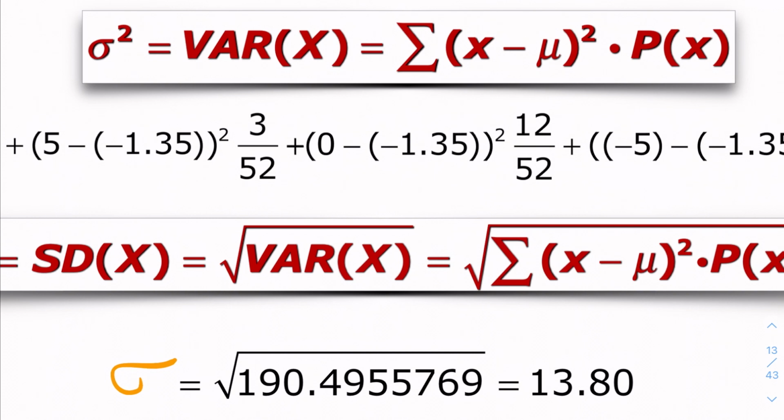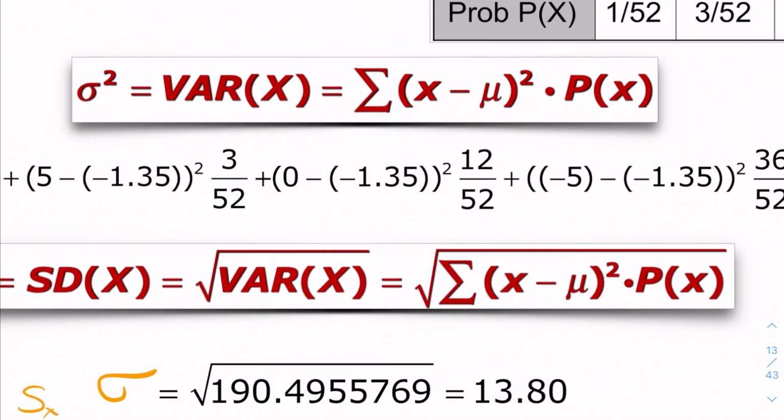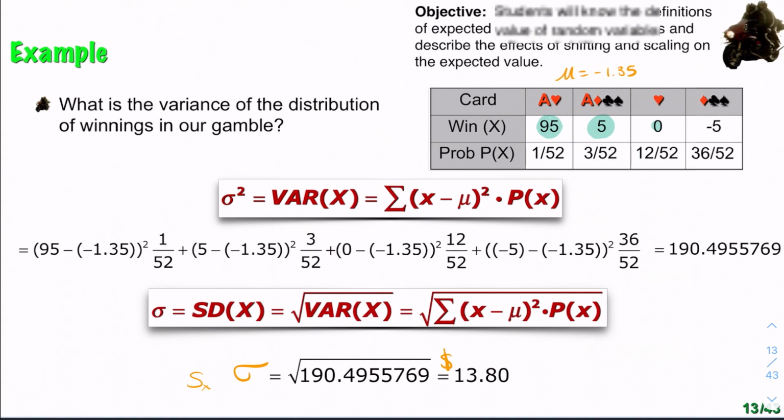So standard deviation, or sigma, or S sub x, if we were talking about data values like we talked about before, is 13.8. This is dollars. This is how far away we are from that mean. And what's pushing it high is that high payout of $100. It's going to shift our spread a little higher.